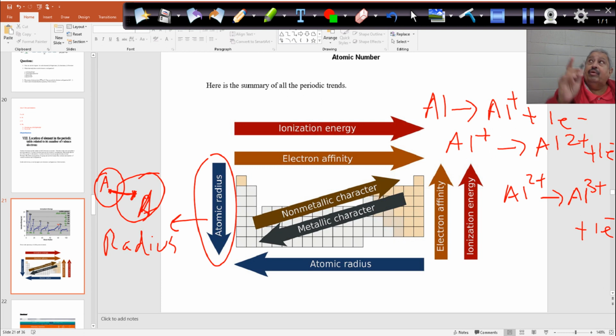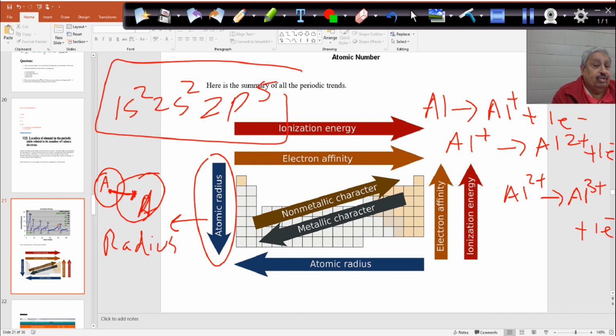So we have fluorine, 1s2, 2s2, 2p5. That's the second shell, correct? And it has 9 electrons. Now the outermost is the second shell, so this is 2s2, 2p5. I have 7 electrons, which is the number of the group.